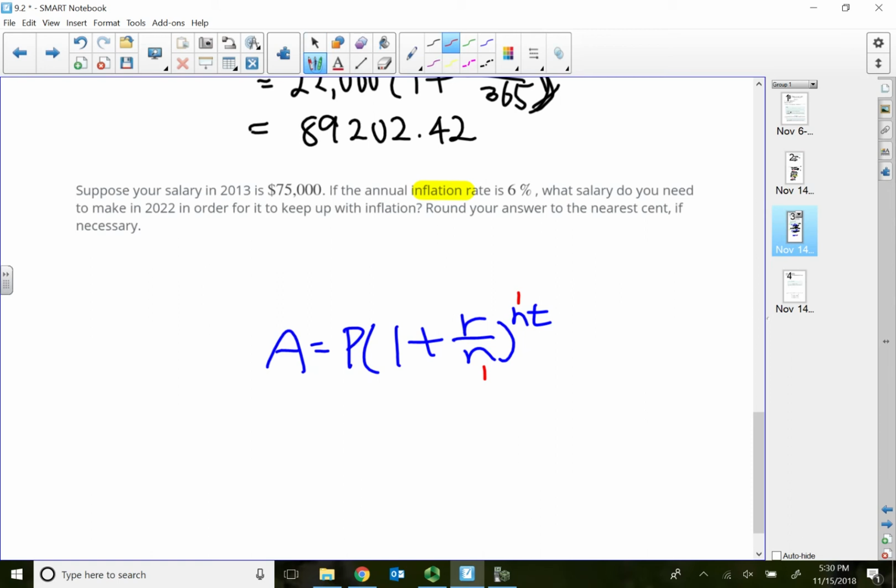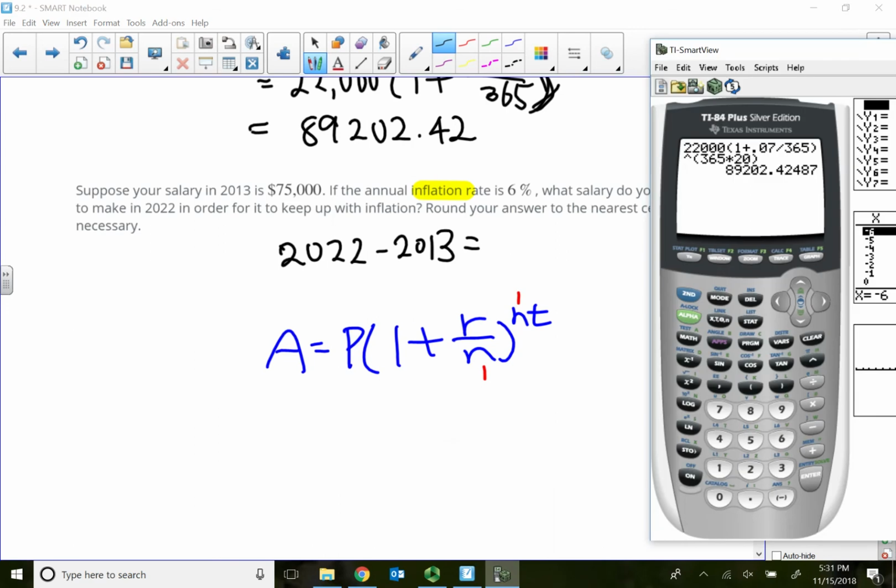All right, so let's see. 2022 is how many years later compared to 2013? Remember, every year you're not getting a raise due to the inflation, you begin to lose money. $100 today is not quite the same as $100 20 years ago. What I mean is inflation.